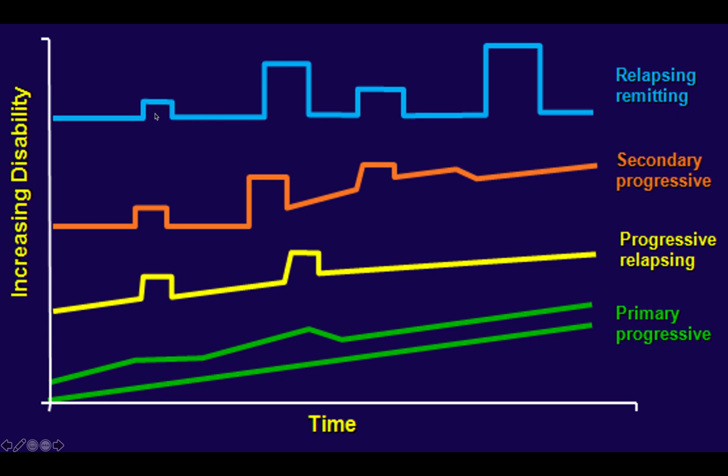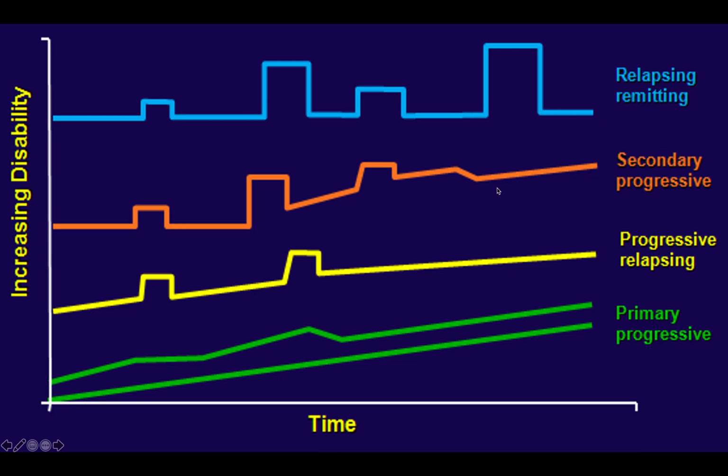It is characterized by no disability, and then when the first lesion happens, there is increasing disability, but then it improves. So this is a relapse, and this is a remission. Then the patient can be symptom free for a long time period, and then another attack comes, but then it resolves completely, and so forth.